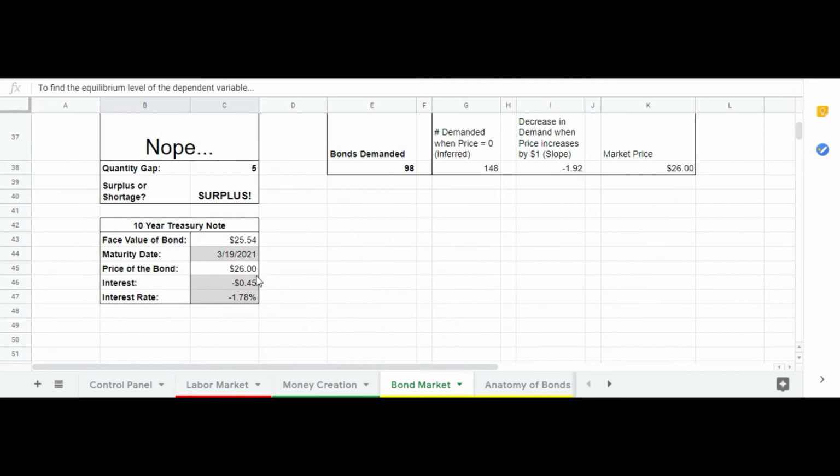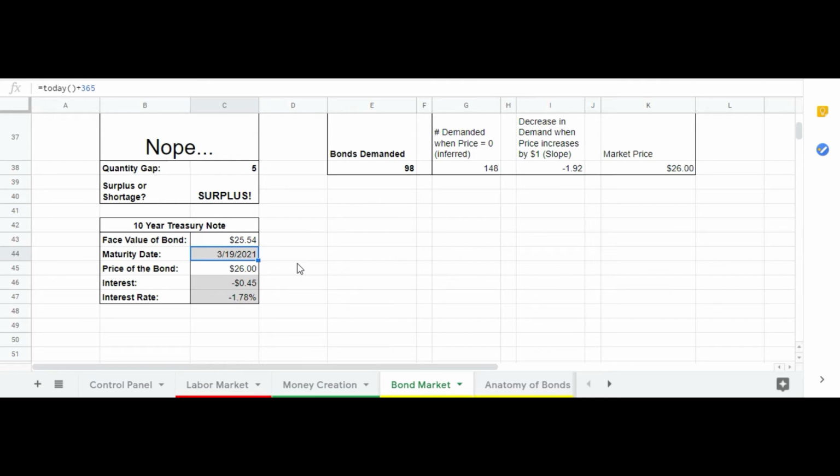That leads us to a negative 1.78% interest rate, which means that I am paying $26 for a bond that in this case matures, I'm sorry, did I say 1 year? I meant 10 years from now. In this case matures 10 years from now and will require me to pay to the bond issuer 45 cents over that 10-year window.